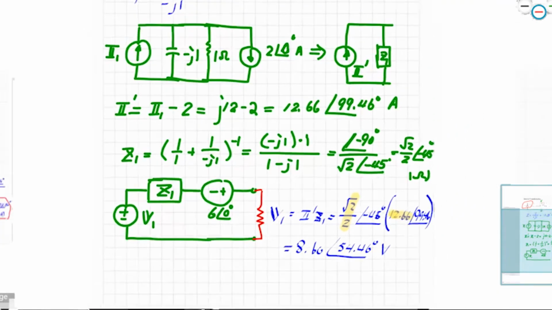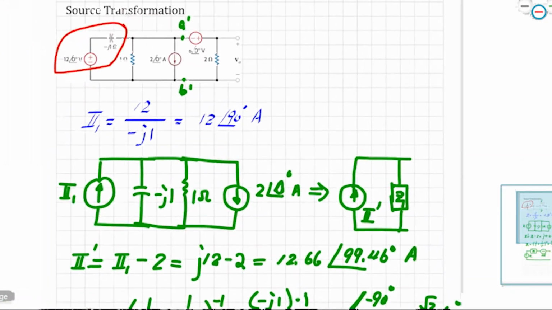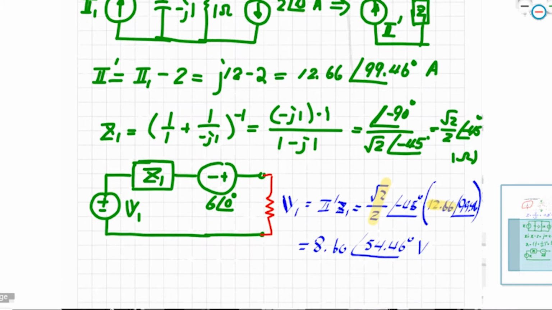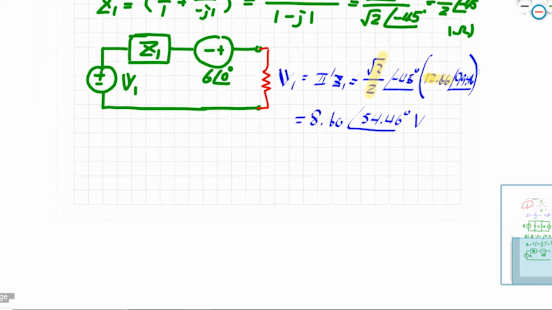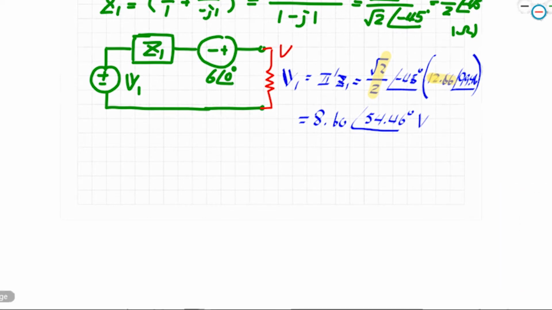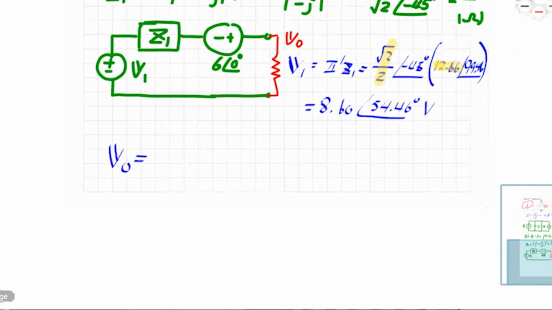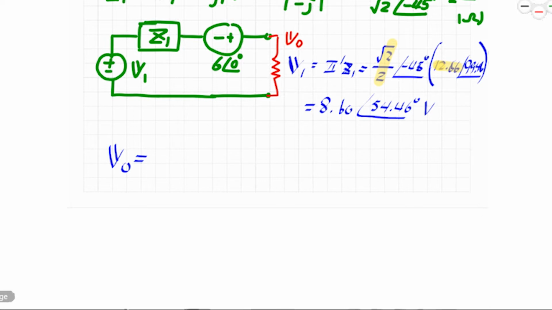And the load resistor is a 2 ohm resistor right here. And this is the V0 we wanted to figure out. So you can see now we've simplified everything. V0 is simply equal to the current going through the 2 ohm resistor multiplied by the 2 ohm resistor.